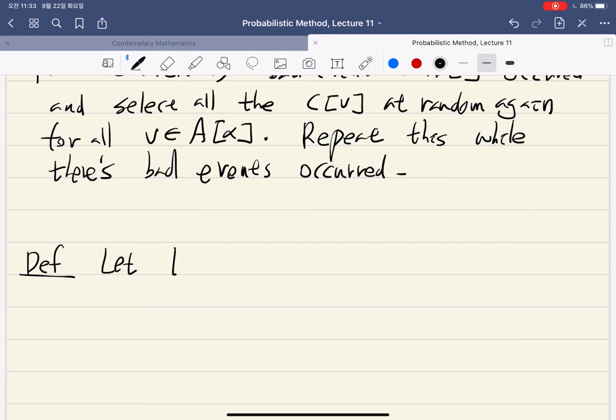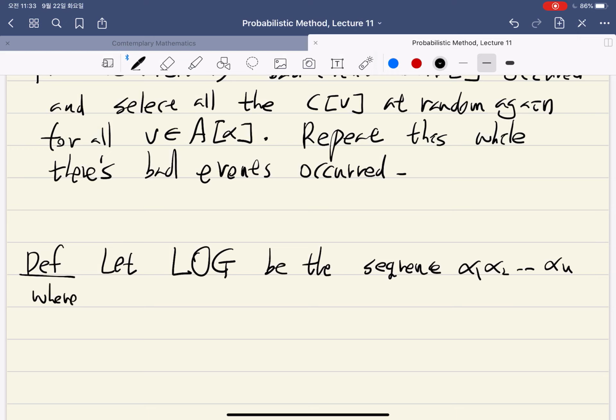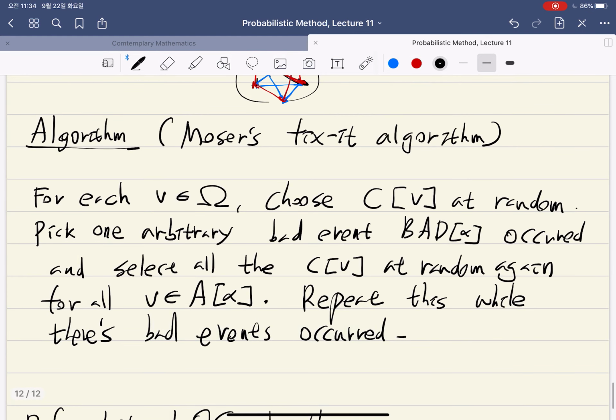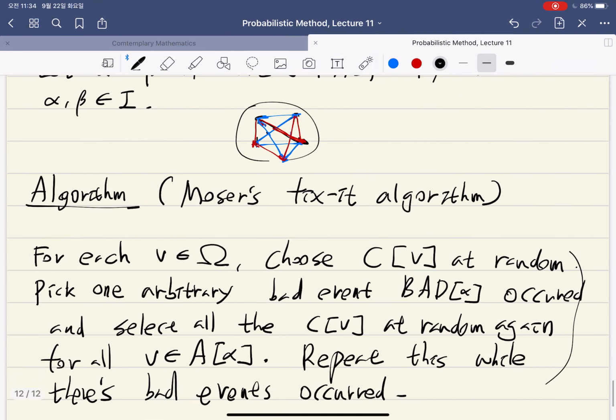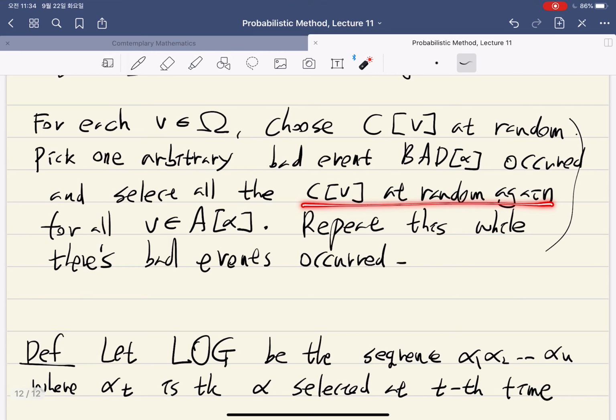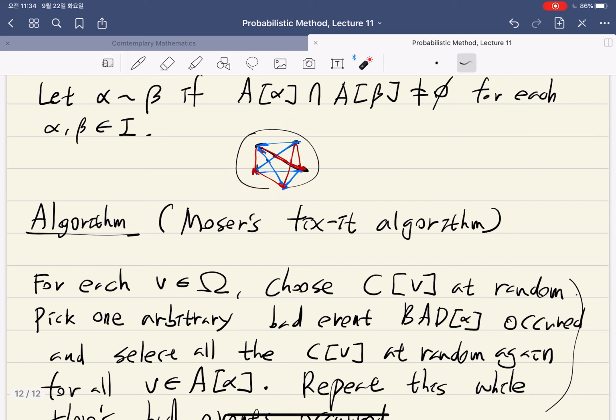So let log be the sequence alpha 1, alpha 2, up to alpha u, where this alpha t is the alpha that we selected at this time. So in here we keep selecting this alpha and then we reshuffle them, resample them, and then we keep going. This resampling might introduce a new bad event, just like you saw before.